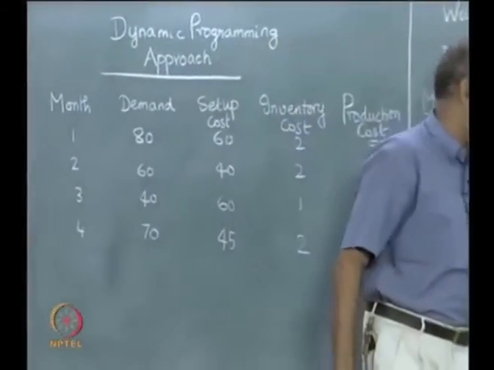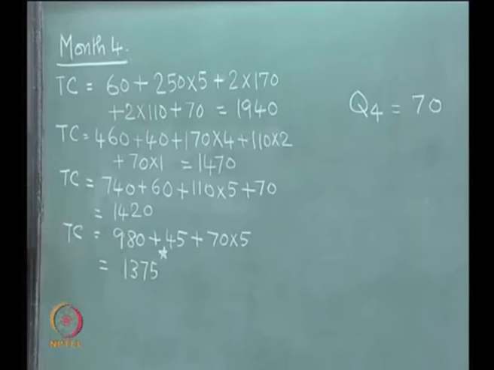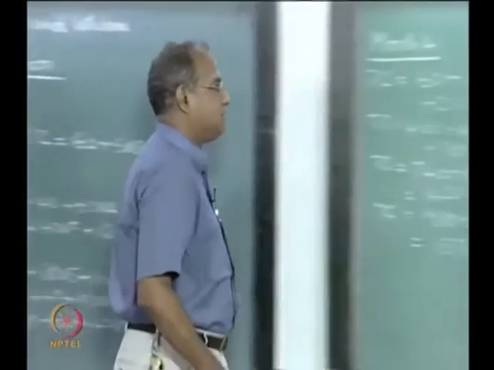So, we have used this 980, which we see has also come here. Now, go back to this 980 and find out the production quantity, which is 100 into 4. 100 is the production quantity. That 100 comes from 60 plus 40. So, Q2 is 100.